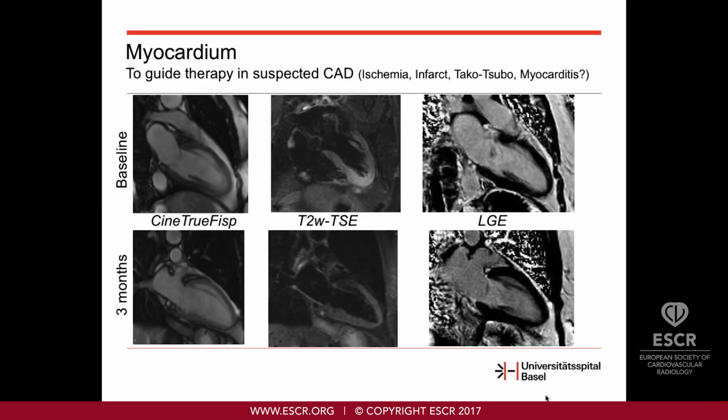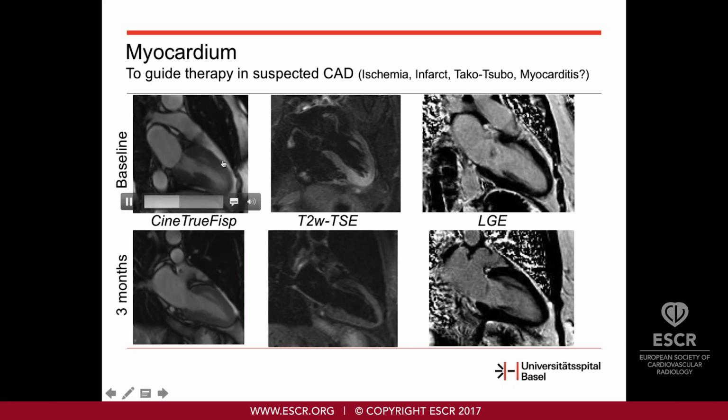So we cannot tell based on this image. And in this context, this late enhancement image is very helpful because it's dark everywhere, the myocardium, so it's normal, no evidence of infarction. So that's very good news for this patient. We don't see any infarction.